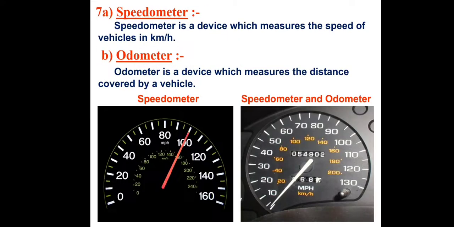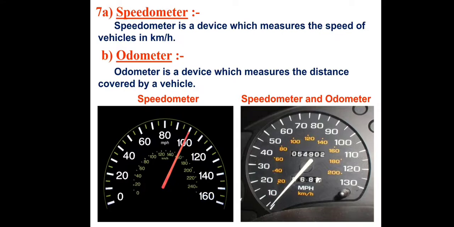Clear, children? Now there are two devices which we all see in our vehicles. One is speedometer, another is odometer. Speedometer, as its name itself tells, is the meter of speed, means the device which measures the speed of a vehicle is called speedometer.